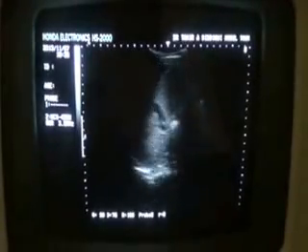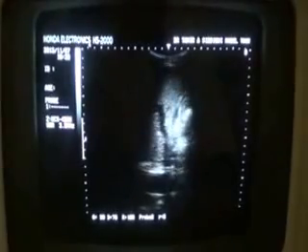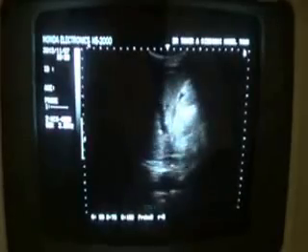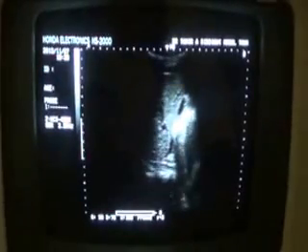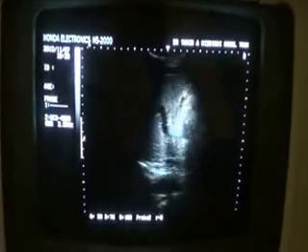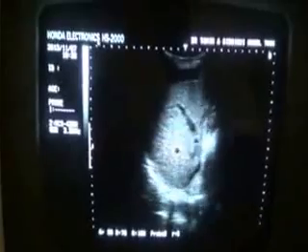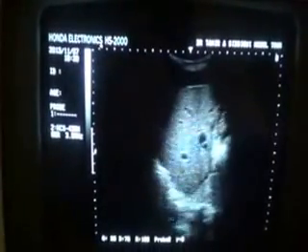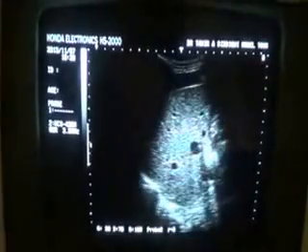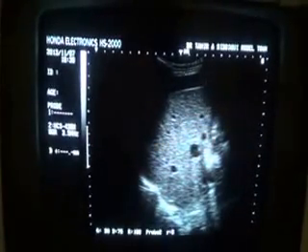And this is the spleen. This is the gallbladder. Just see the smooth outer surface of the liver. Smooth outer surface, homogeneous texture, normal.